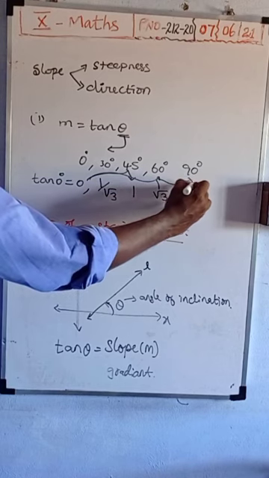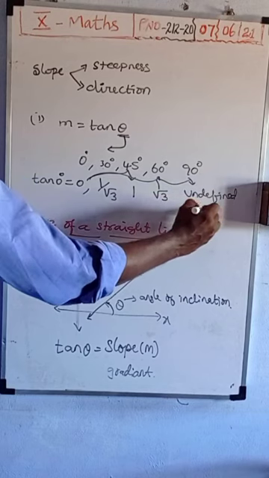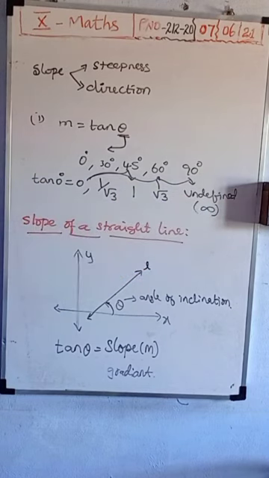Tan 90 degree means undefined, that is called infinity. So these are the values you want to memorize first: tan 0 degree to 90 degree. Suppose in a question the angle of inclination is given, easily we will get the slope.